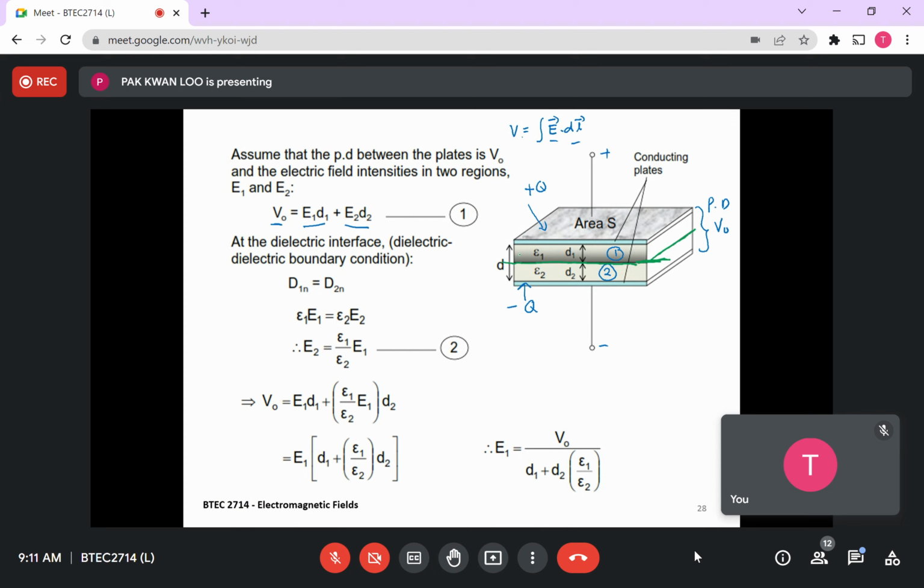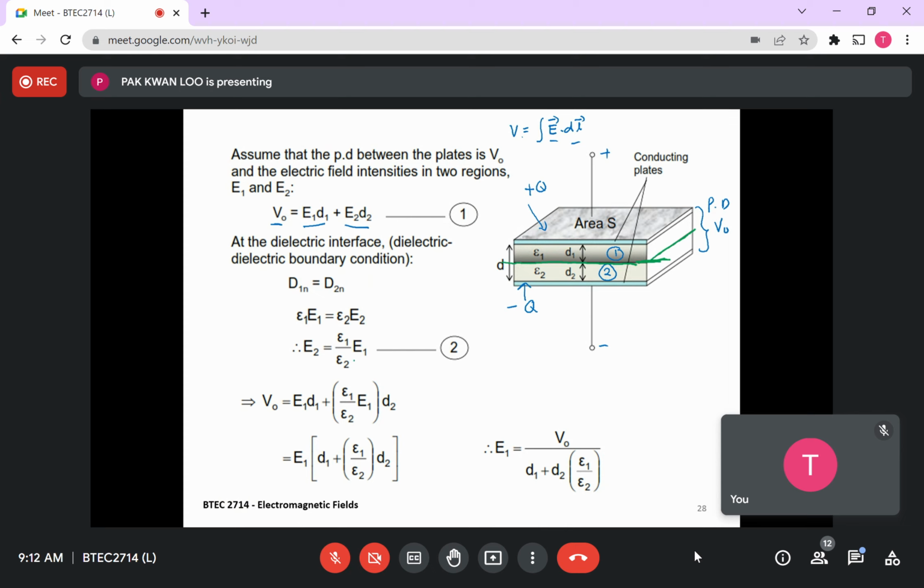The interface between the two dielectrics does not contain any surface charge. As a result, applying the boundary condition, the normal component of the flux density must be equal to the normal component of the flux density in the other region. So D1n, the flux density in region 1, is equal to the flux density in region 2.